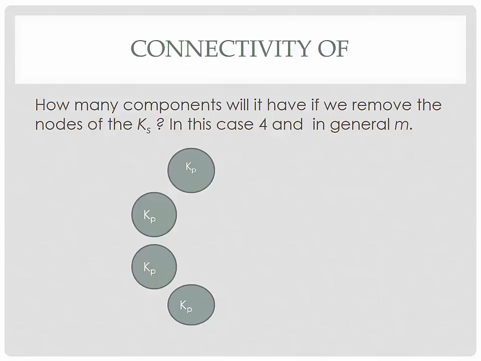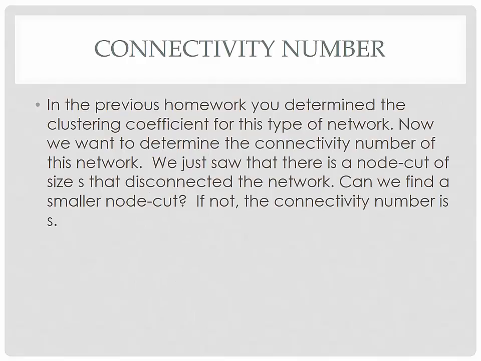So this is a node cut. Now, is the connectivity number S? We see that we have a node cut set of size S. What we have to do is verify that there is no smaller node cut set, because the connectivity number is the minimum cardinality among all node cuts.